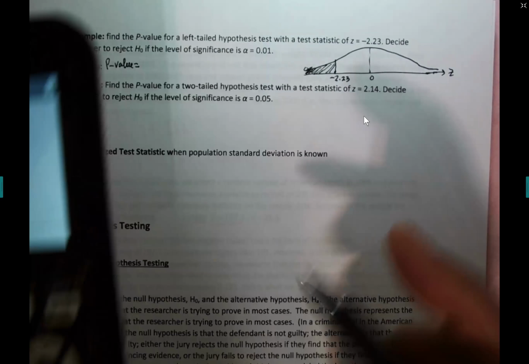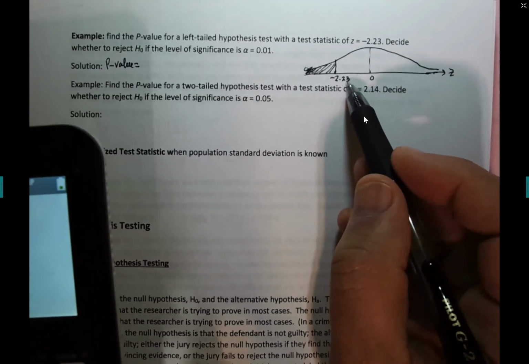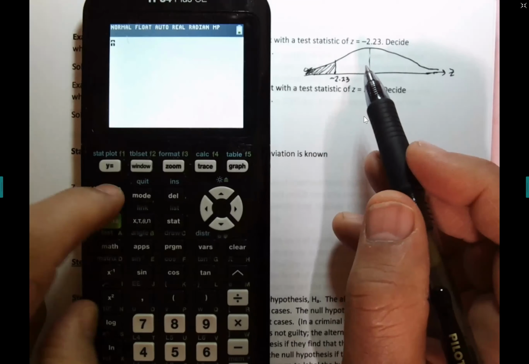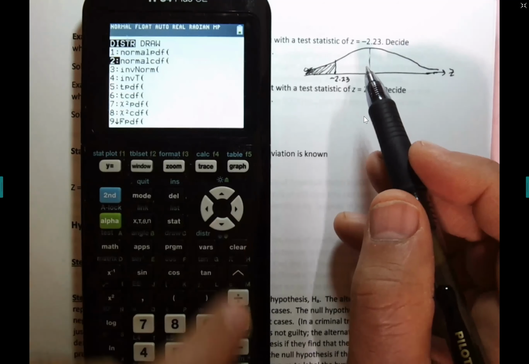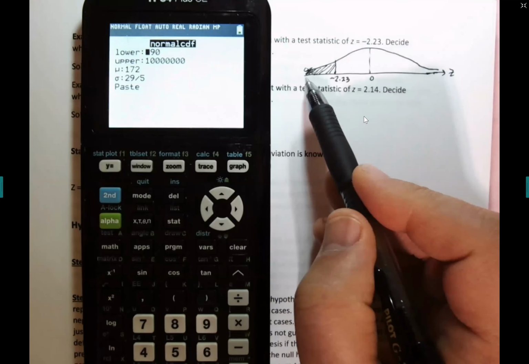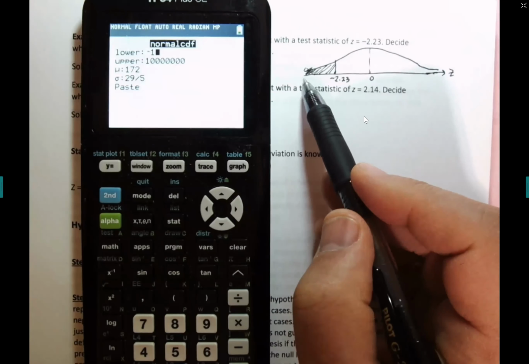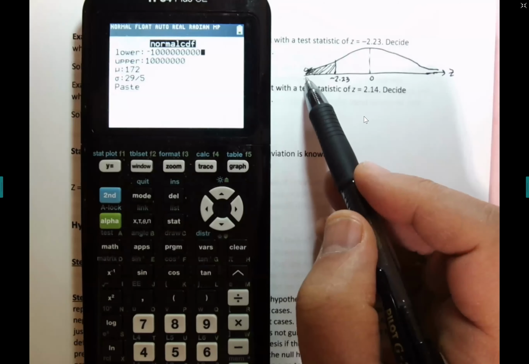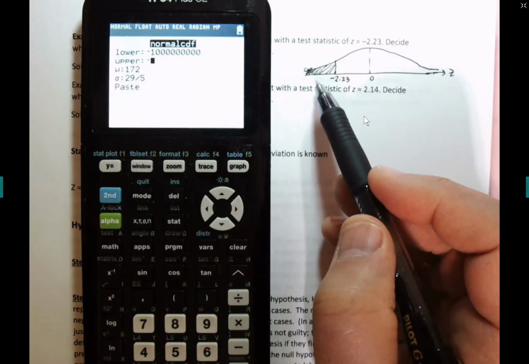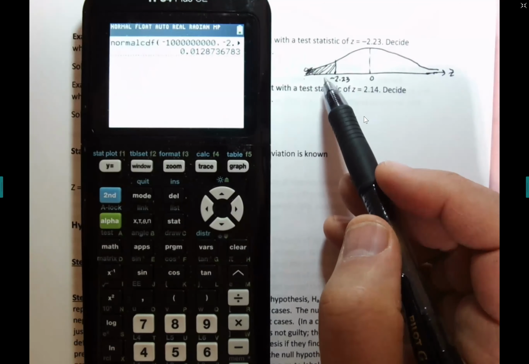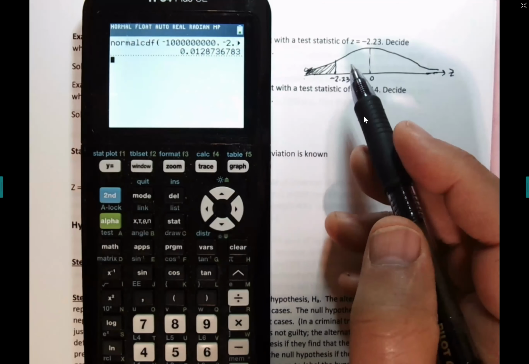It's an area to the left of negative 2.23, so you go to normal CDF. What's the left bound here? Negative million. Then negative 2.23. Then 0 and 1, guys. Paste. And that's the p-value: 0.0129.